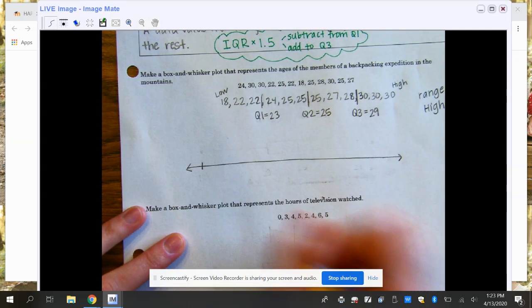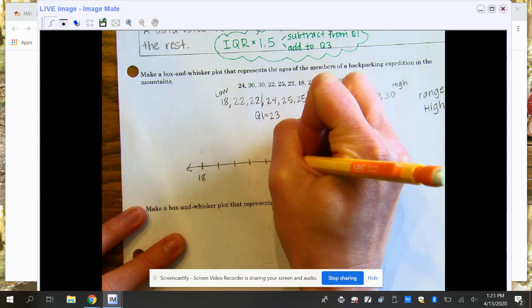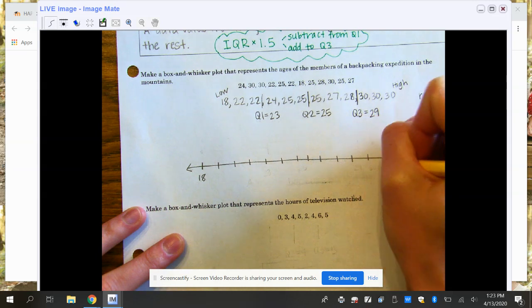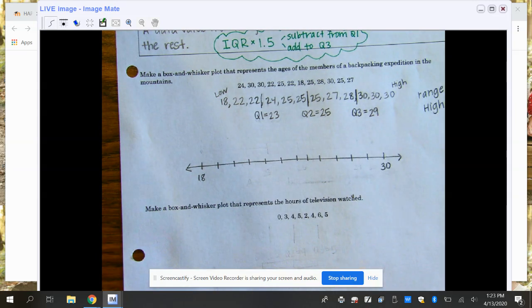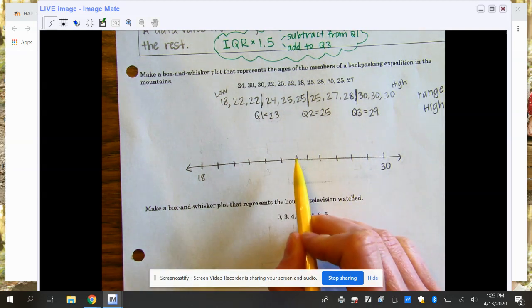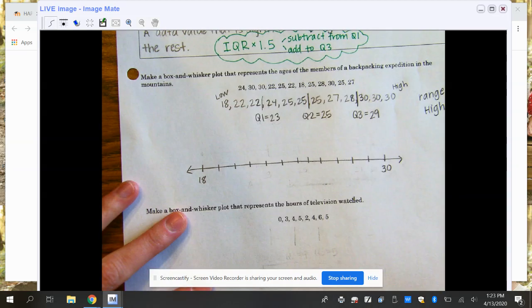Okay. But I'm just gonna start here at 18, then go 19, 20, 21, 22. And then all the way up to 30. And you want them to be approximately equidistant from each other. You can see I kind of got a little bit messy in here. They're not the exact same length, so just kind of do your best.